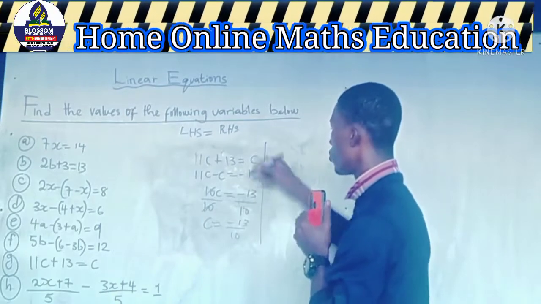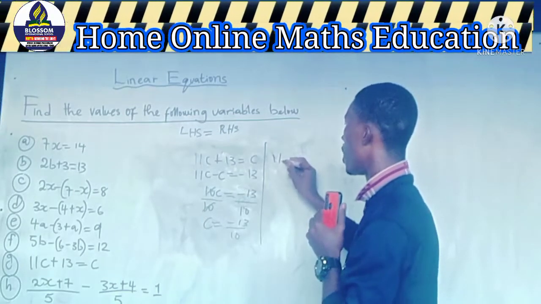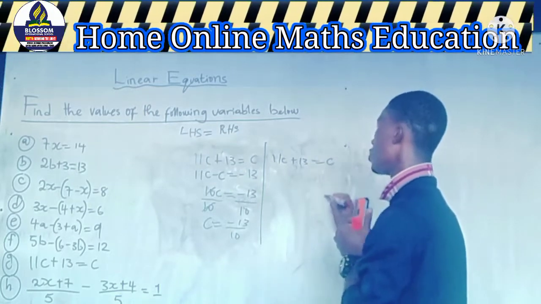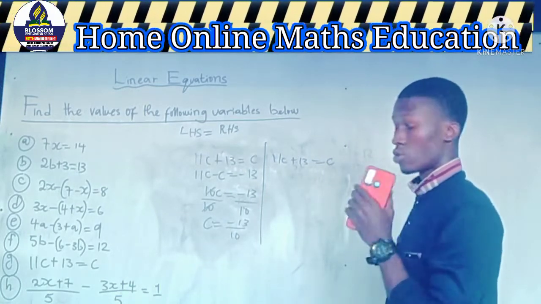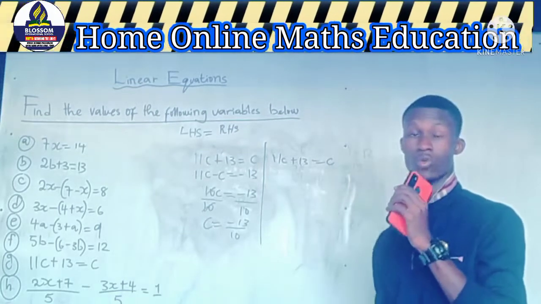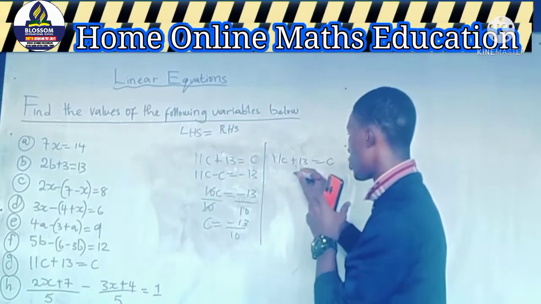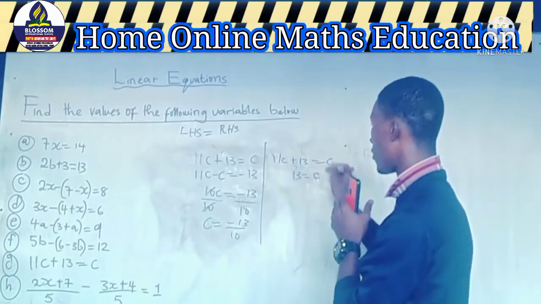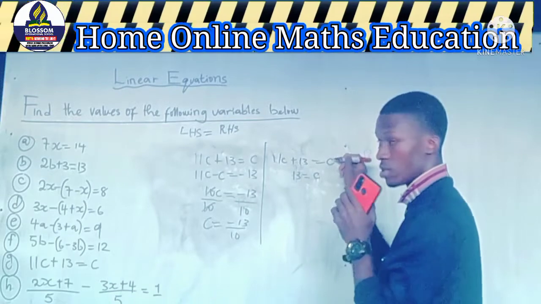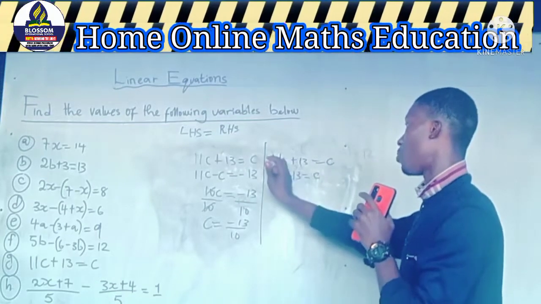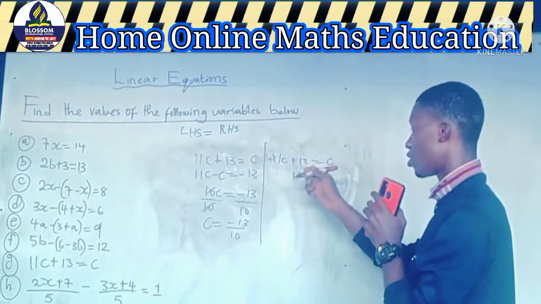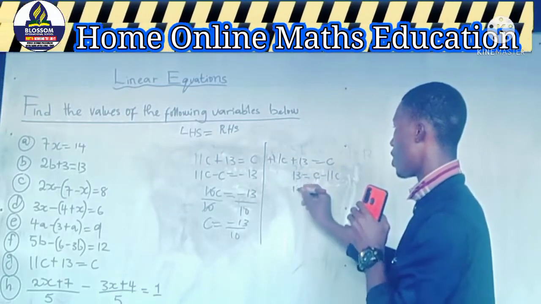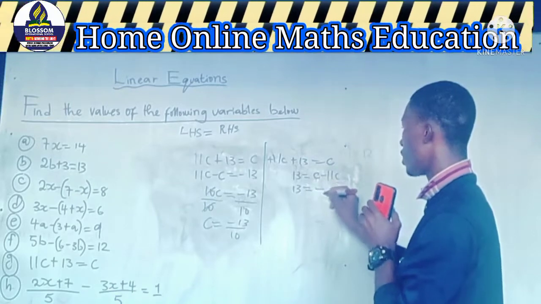Now, for some of you who didn't follow this process, probably you have the question like this: 11c plus 13 equals c. You can also go this direction, and some of you must have done this already. So what is going to be our next step? Well, first of all, write 13, then equals c. Now this is 11c, it will have to cross over to this side to stay with c. We shouldn't forget that there is a positive sign here whether you see it or not. Then when it crosses it becomes minus 11c. Now we have 13 equals negative 10.